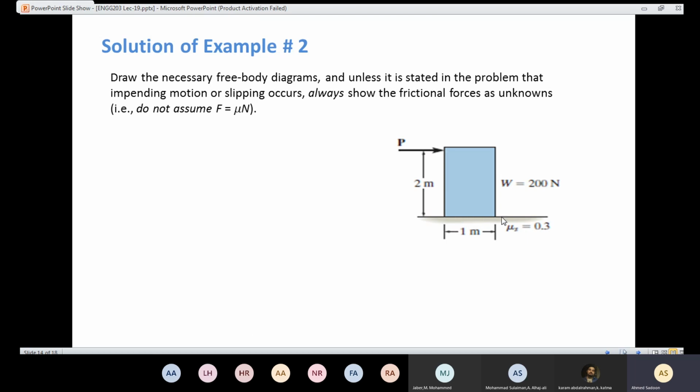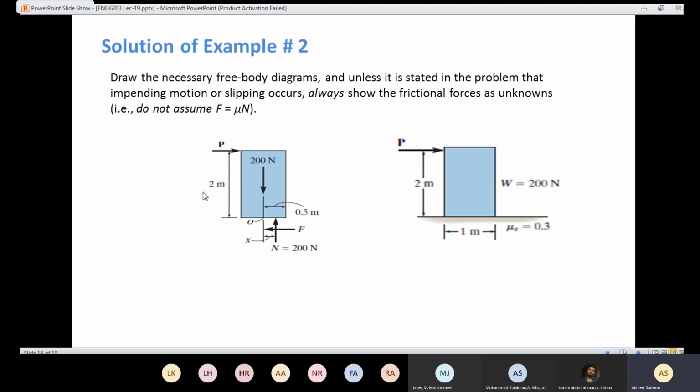It's very important here: the frictional force is going to be opposite to the value of P. So here is the value of P, and the frictional force is opposite to that one, and we are going to have normal force at distance x here. The x here is very important in order to resist the moment. If the value of x came out to be more than the value here, which is 0.5, that means we are going to have tipping.